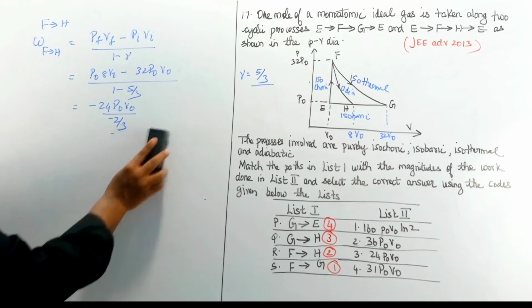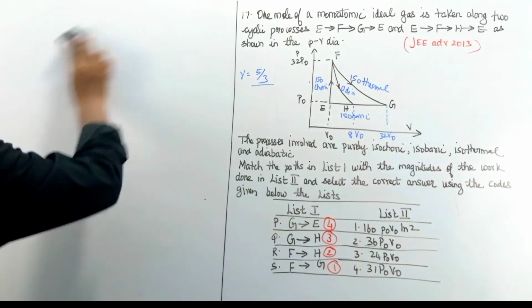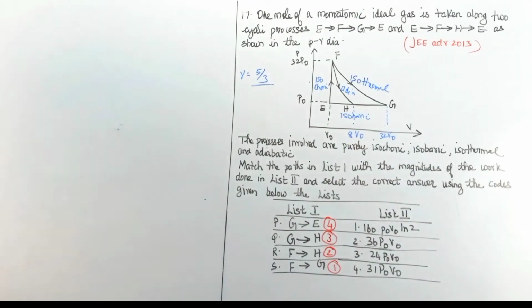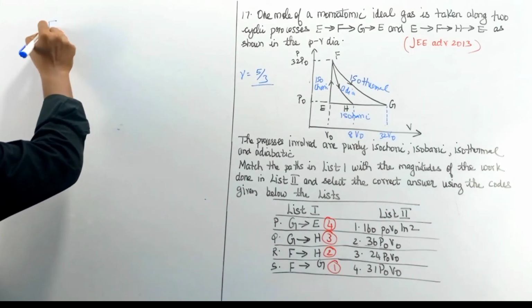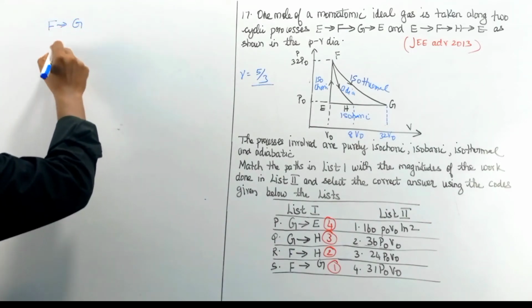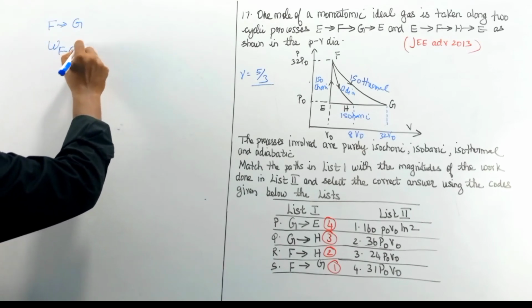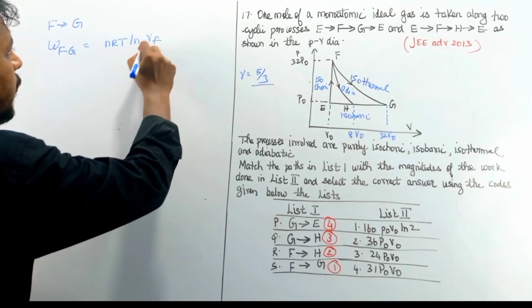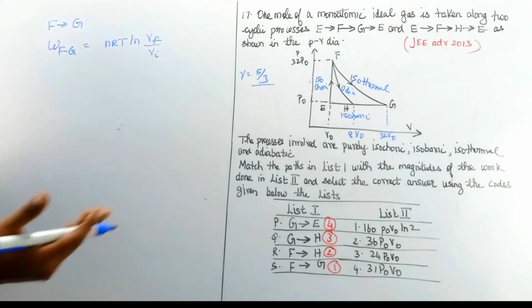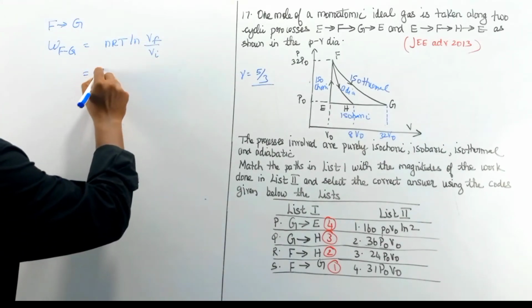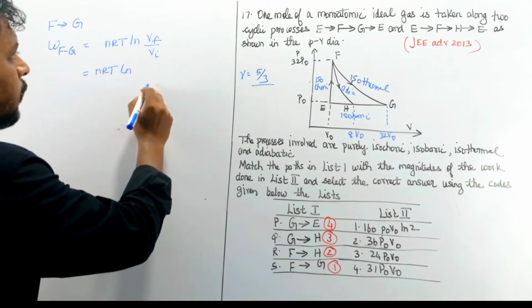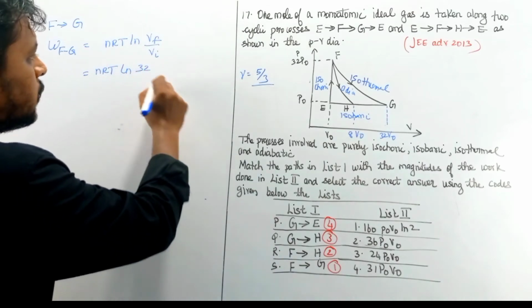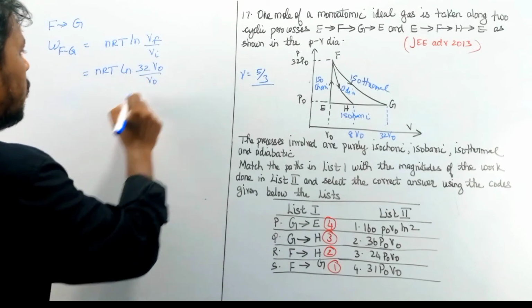Adiabatic is over. Then finally the isothermal. We have F to G. You know that work done in it is nRT ln of Vf by V initial, or V2 by V1. So nRT here, we have final as 32 V0 by V0.